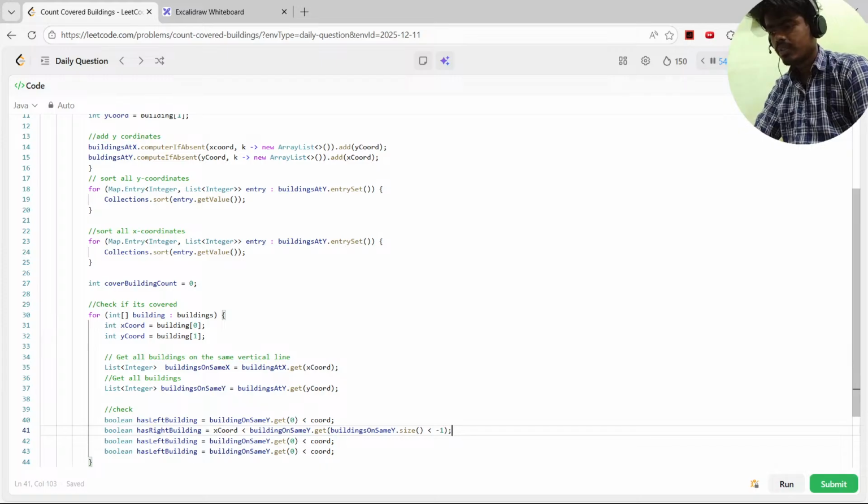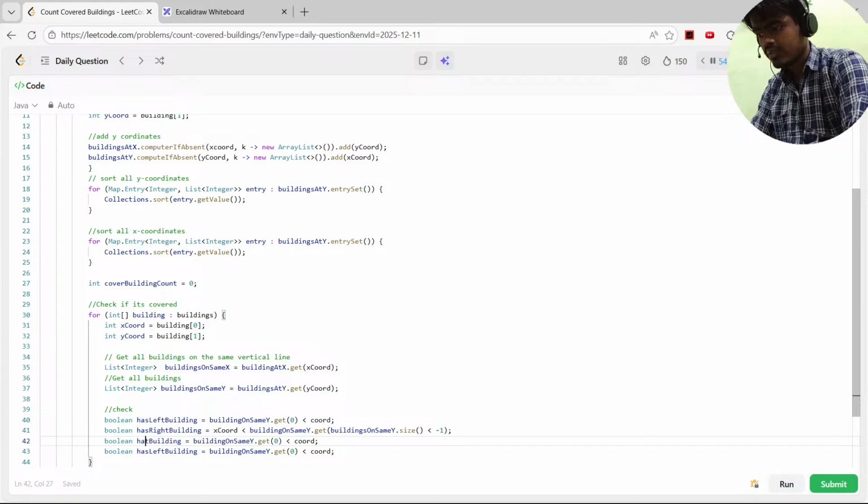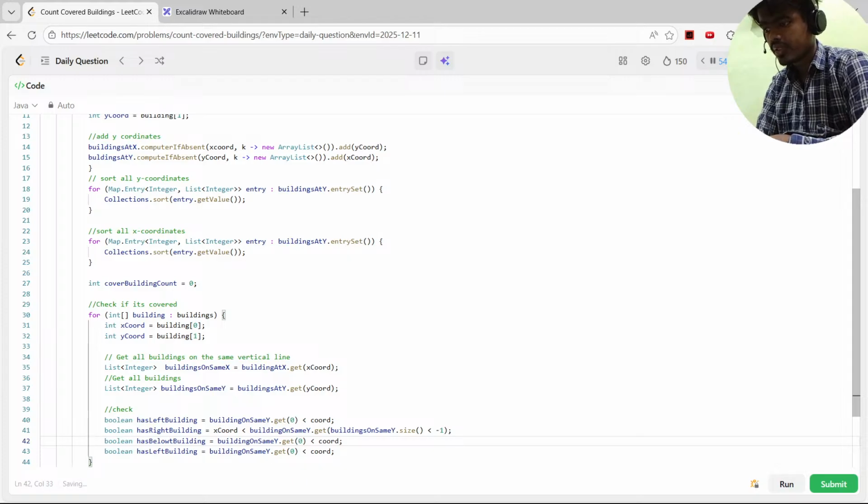And now below and above, right? So as we have to write has below, building on same x, right? Dot get y, right in x.